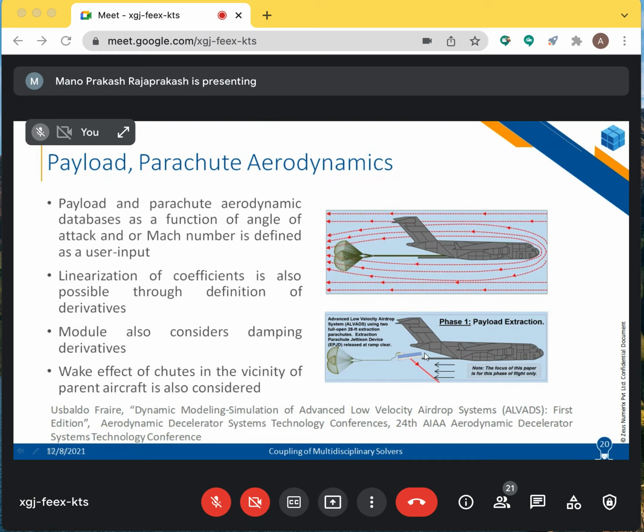But one advantage we have once the payload clears the ramp is its weight. Payloads usually weigh around 6 to 15 tons. Due to its sheer weight, it is immediately going to clear the vicinity of this wake and have a downward motion. So we may not have to worry too much about the effect of wake on the payload.